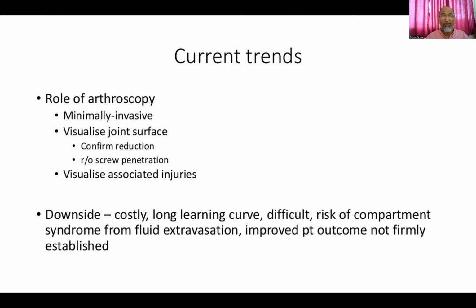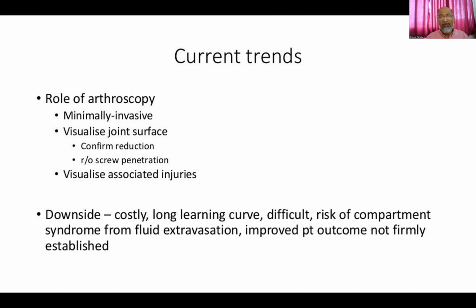In the recent advances, the role of arthroscopy has been described. It is minimally invasive, and you can visualize the joint through a small probe, and you can also visualize associated injuries like ligamentous injuries and TFCC injuries.